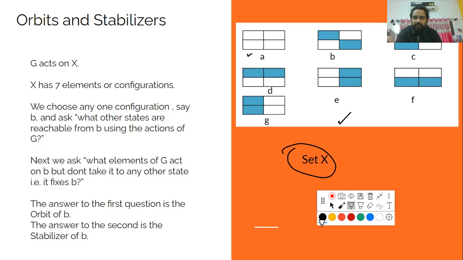B has the rectangles along the left diagonal blue, and those along the right diagonal white. C has the rectangles along the right diagonal blue and the left diagonal white. D has the top 2 rectangles blue and the bottom 2 white. E has the left 2 white and the right 2 blue. F has the top 2 white and the bottom 2 blue, and G has the left 2 blue and the right 2 white. Okay, so these are the 7 elements of set X.